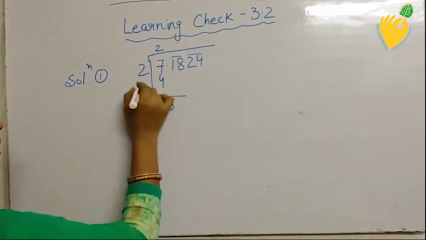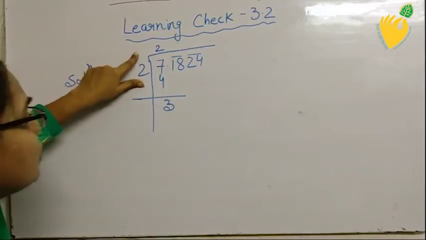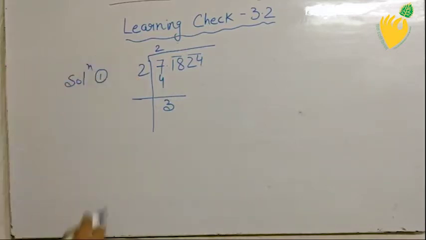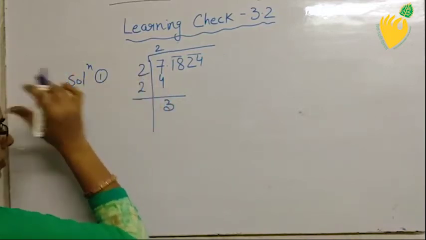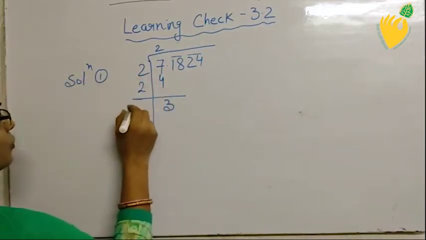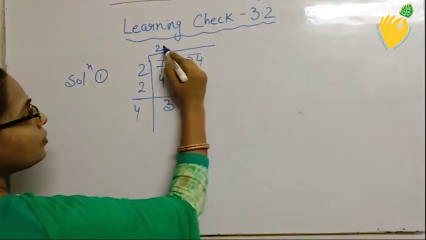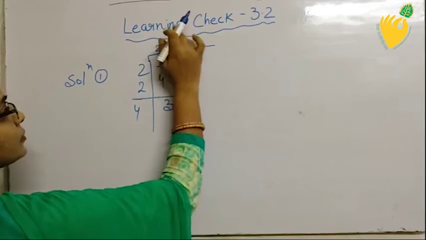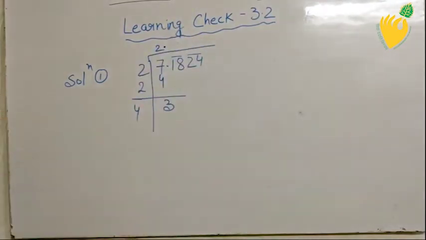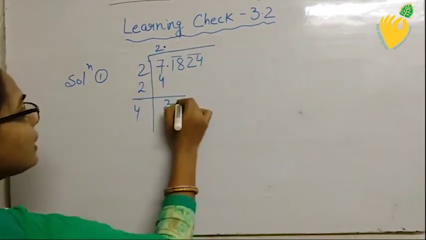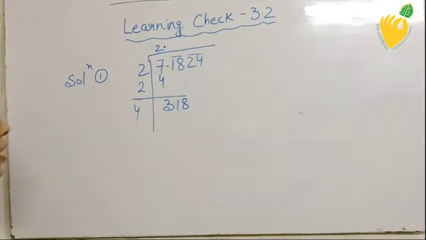minus 4 is 3. And again we will add whatever digit is at the unit place, we will add the same number for the next step. So it is a single digit and the digit is 2, so you will write 4. And now a decimal is there, you will write down the decimal, isn't it, students? And we'll note down the next pair, that is 1 8, but don't write the decimal here.